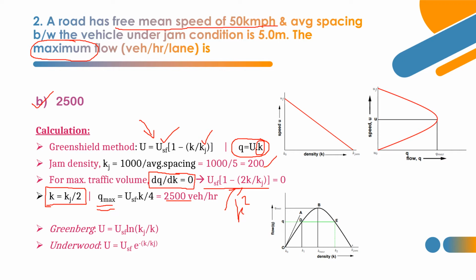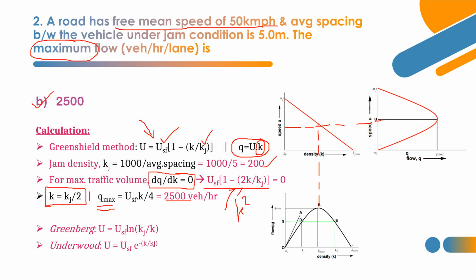So you can see in these three graphical illustrations using Greenshield method. The first graph is for speed versus density, the second graph is speed versus flow, and the third graph is flow versus density.